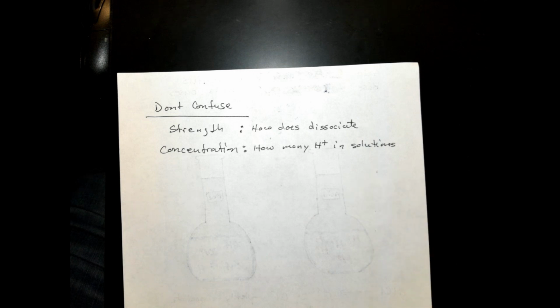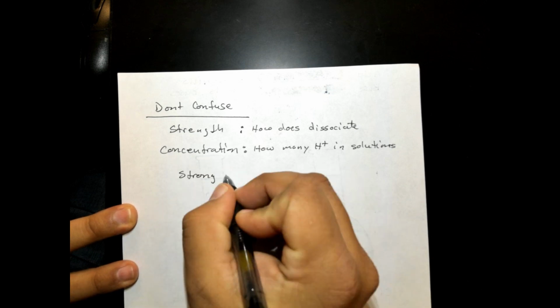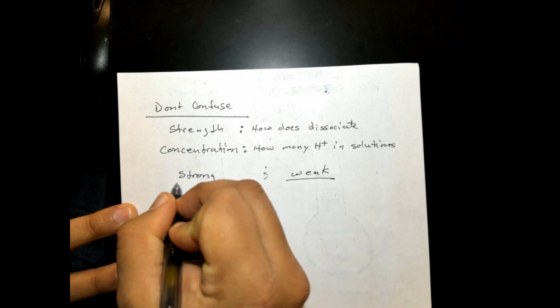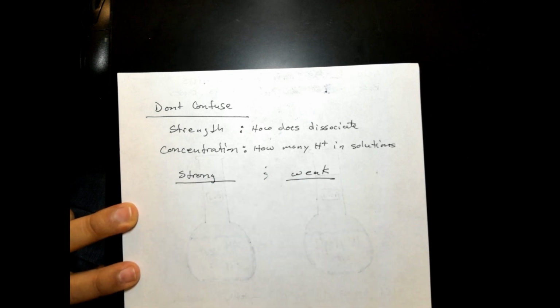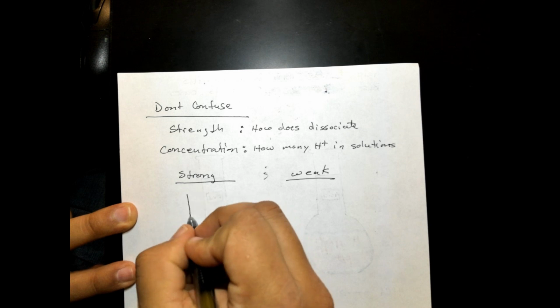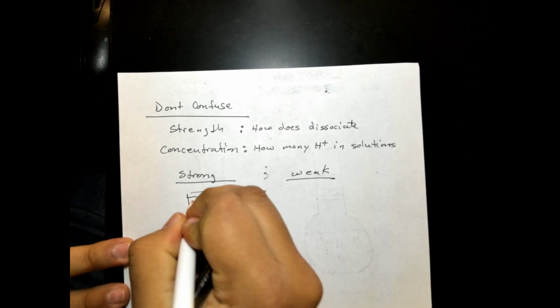So when we talk about strong acids and weak acids, we know strong acids completely dissociate, right? So that means we'll end up with a solution that just has a bunch of H's in it.